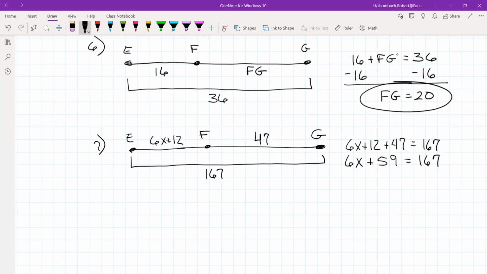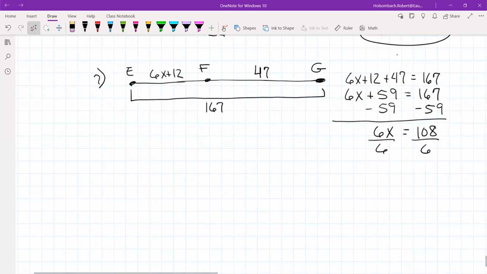Going to subtract 59 from each side. So our 6x equals 108. And we're going to divide both sides by 6. X equals 18.